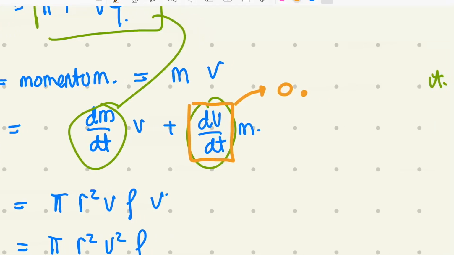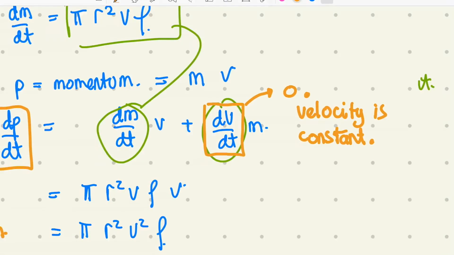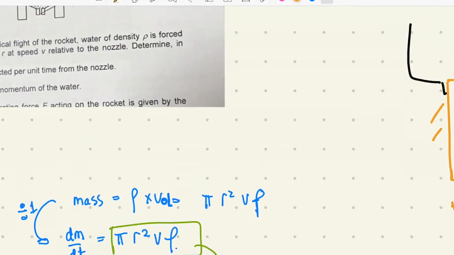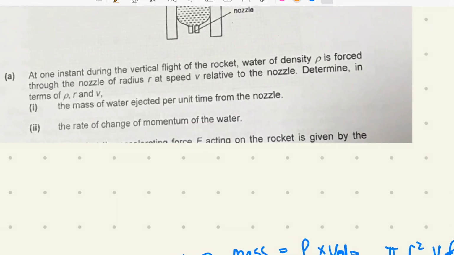The reason is velocity is constant. If something is constant, then the rate of change of that is 0. How do you know that the velocity is constant? I think they mentioned in the question here. Yeah, at speed v.